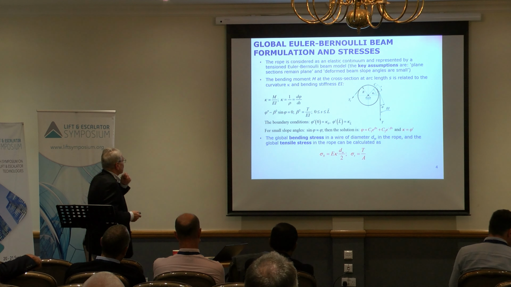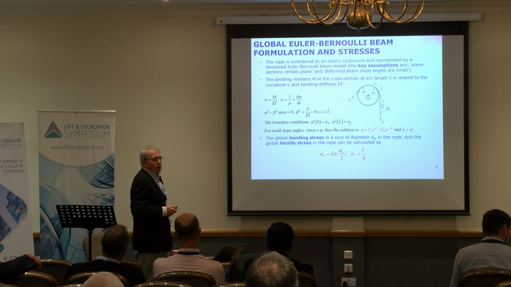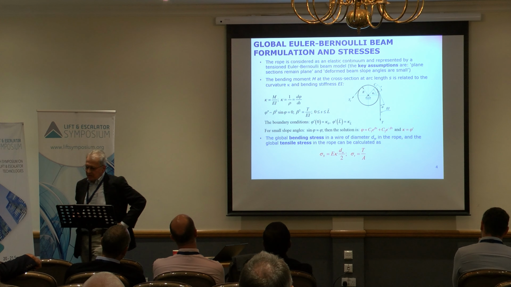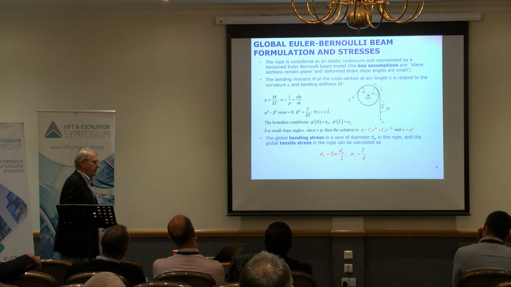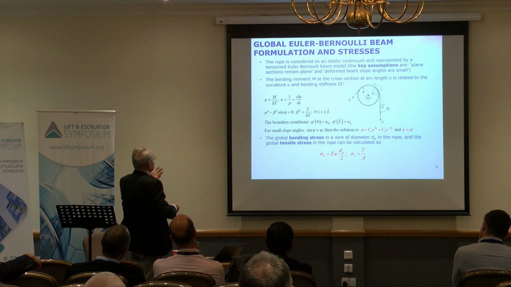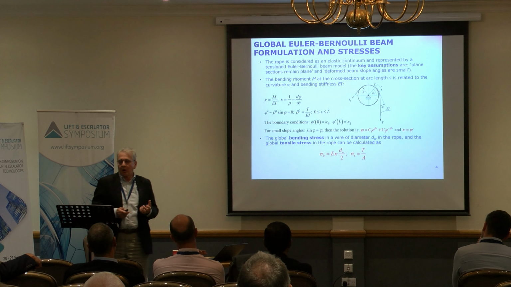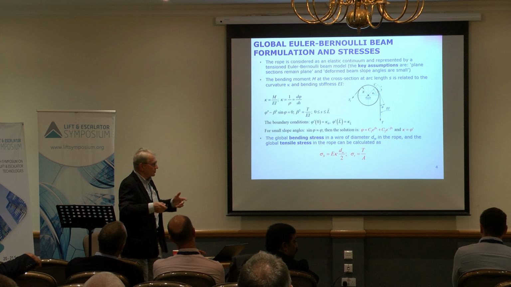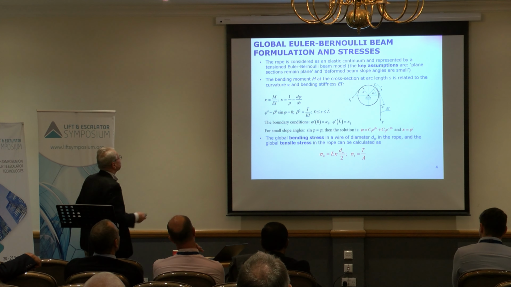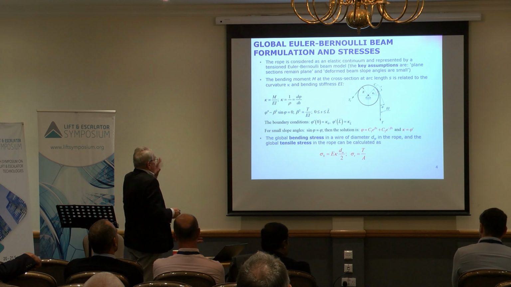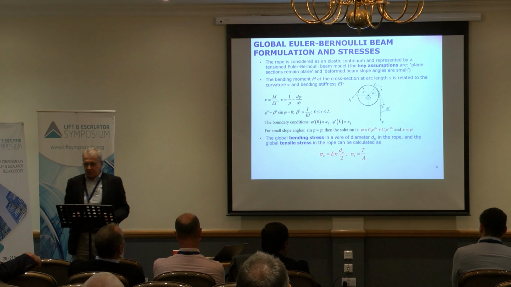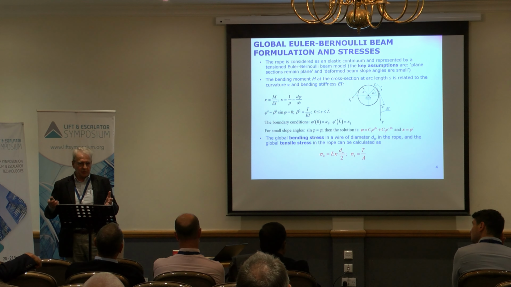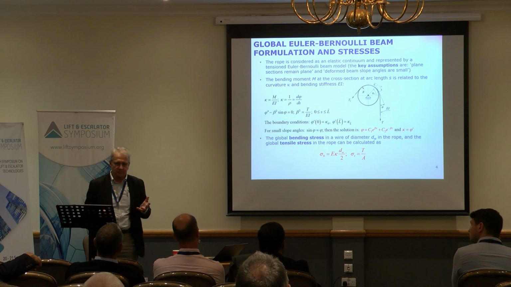What I'm trying to do is to propose a simplified method to quantify the bending behavior of the rope over the pulley, over the transition period, and later to use it possibly for many other applications. The model proposed here is commonly used for wire ropes in dynamics, for example.